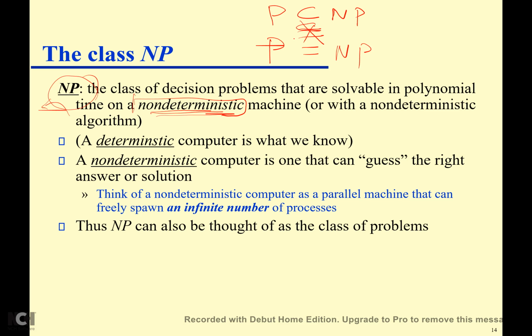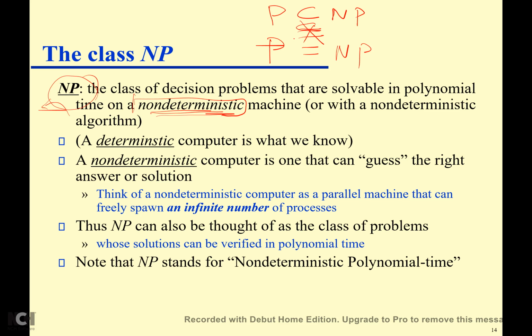NP can be thought of as the class of problems whose solution can be verified in polynomial time. NP stands for nondeterministic polynomial time.